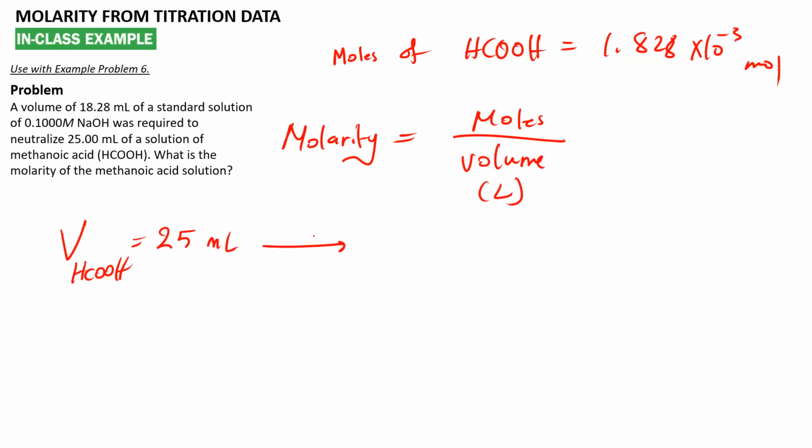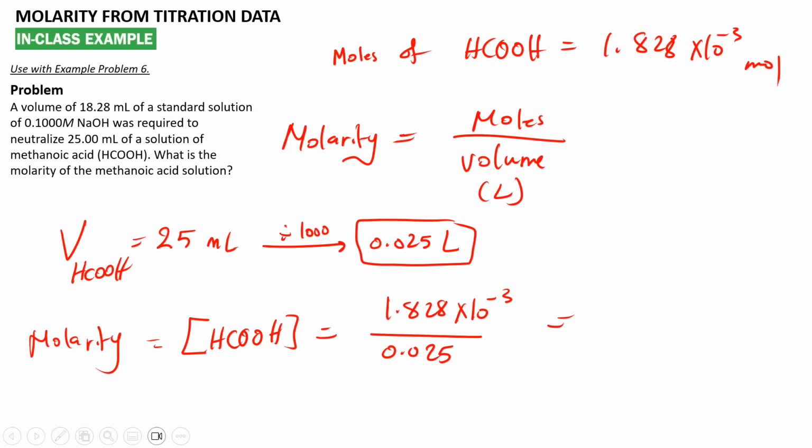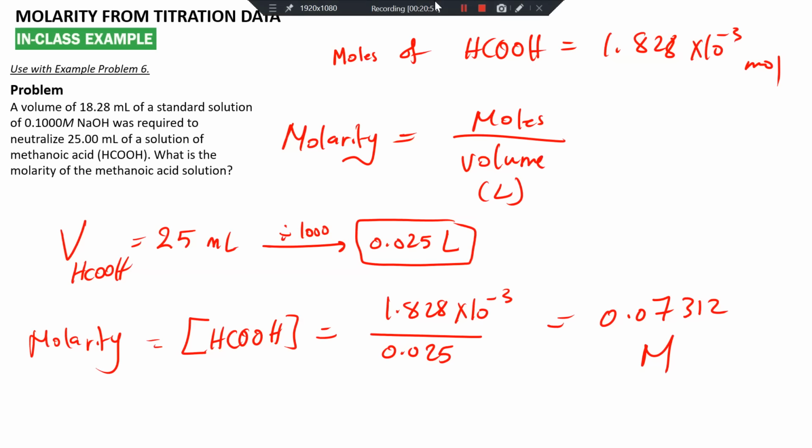We need to convert it to liter, which is 0.025 liter. So the concentration of HCOOH, or the molarity, concentration and molarity are the same thing, equals the number of moles 1.828 times 10 to the power minus 3 over 0.025, which is going to be 0.07312 molar. Okay, guys?